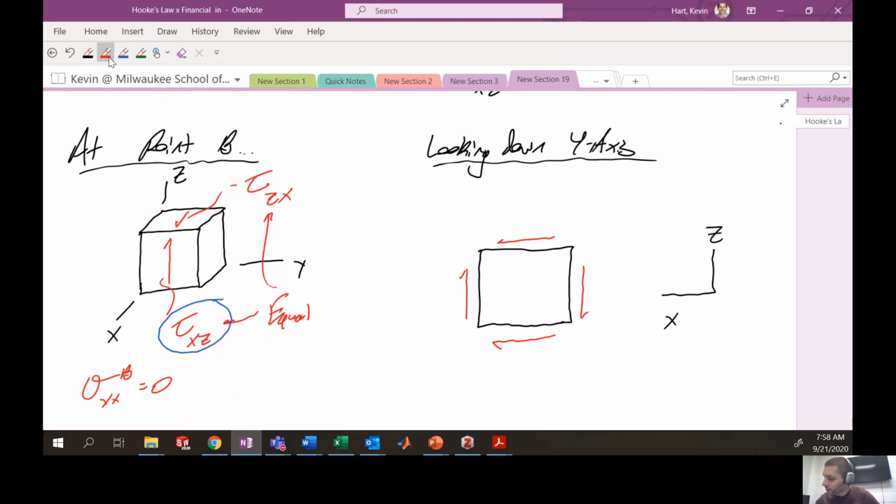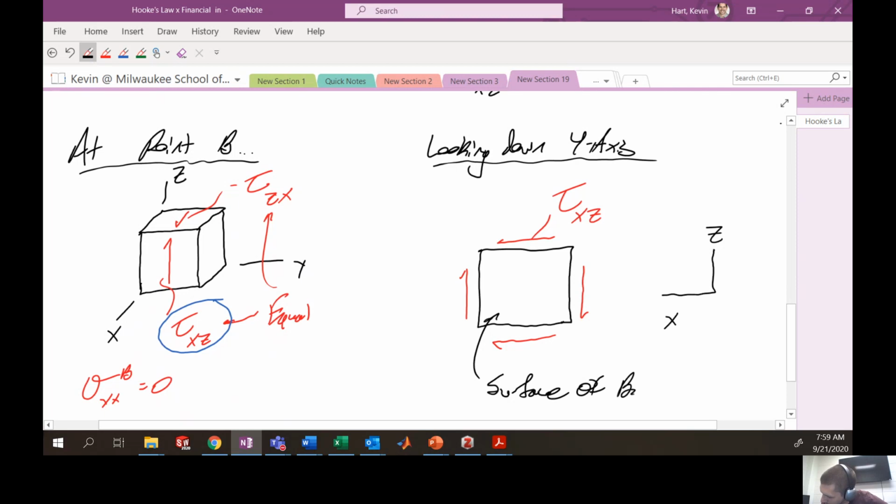All right, so here's your shear stress tau xz that you're going to be using in this particular problem. Now, when you're looking down the y-axis, what you're actually looking at here is going to be the surface of the bar at point B.